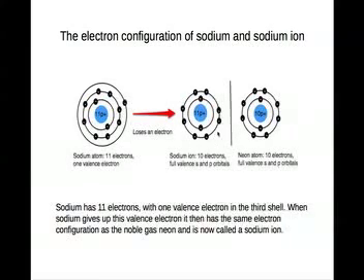Stable. It looks like neon, another of our noble gases. But once again, we haven't changed the nucleus. There are still 11 protons, but now there are only 10 electrons. We have a positive ion, a cation. Simple cations are named simply by the name of the element with the word ion after it, sodium ion.